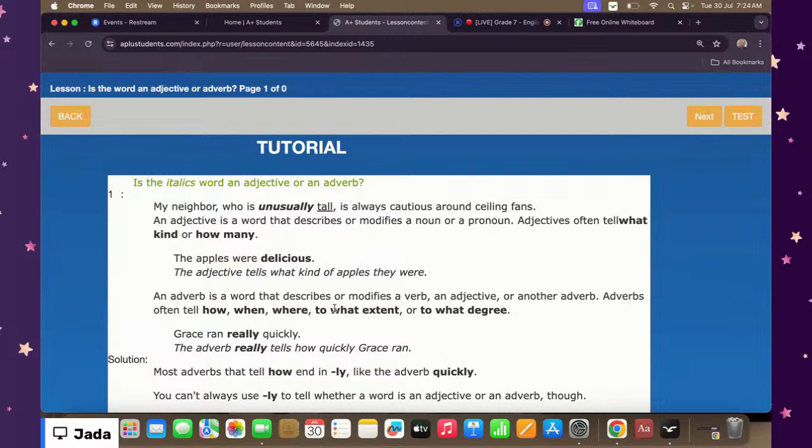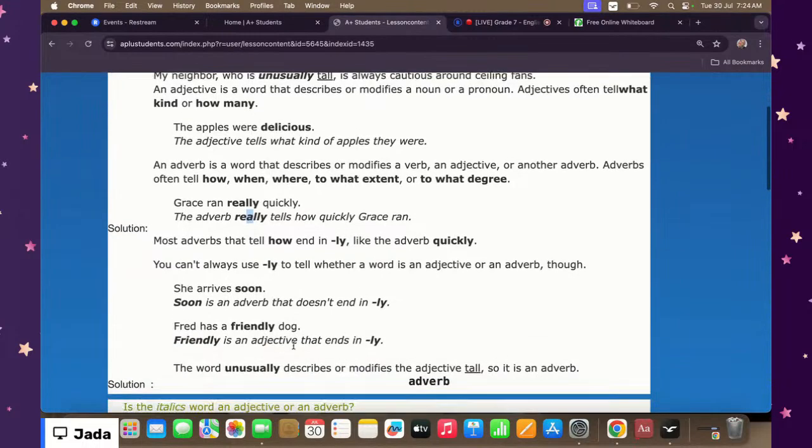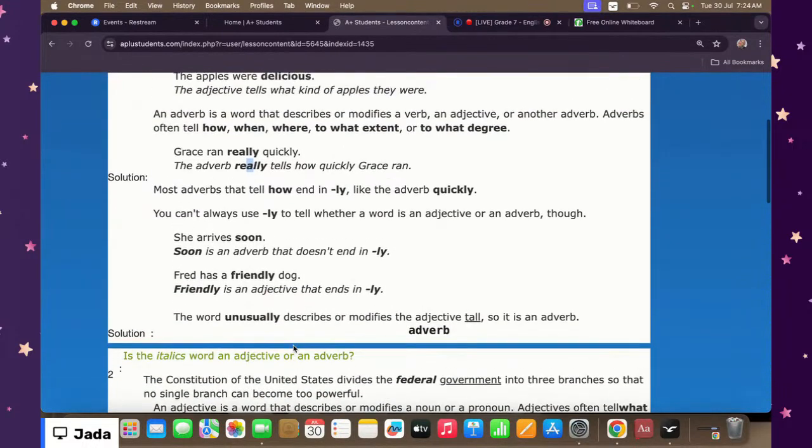Adverbs often tell how, when, where, to what extent, or to what degree. Okay. Grace ran really quickly. This is like the same example we had earlier.